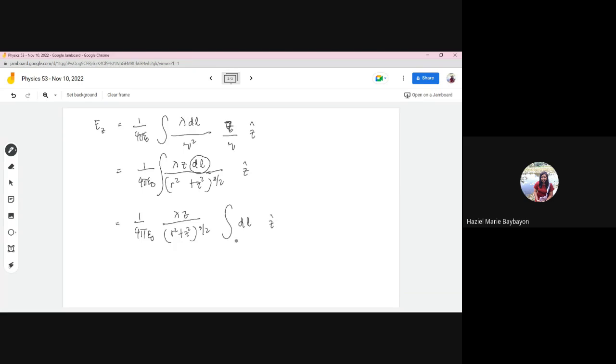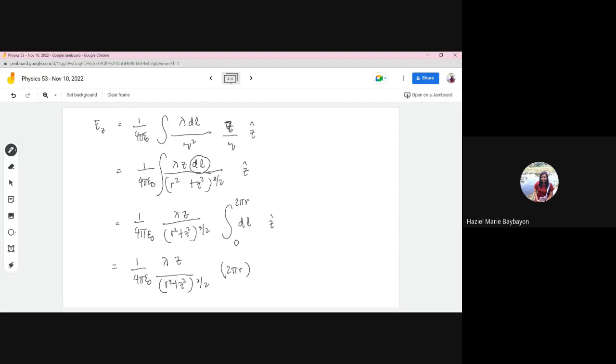We integrate this from 0 to 2 pi r since we have a circular loop. So you have 1 over 4 pi epsilon naught lambda z over r squared plus z squared raised to the power of 3 halves, and the integral of dl is L from 0 to 2 pi r, so you have 2 pi r.